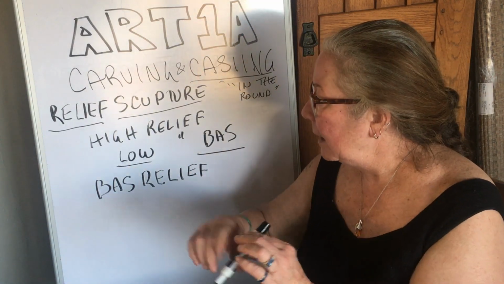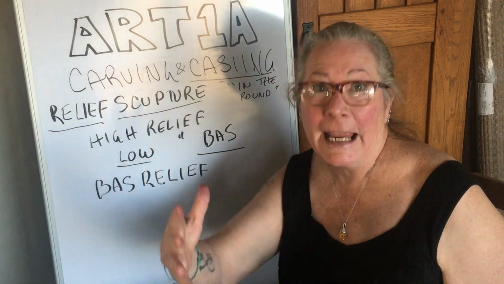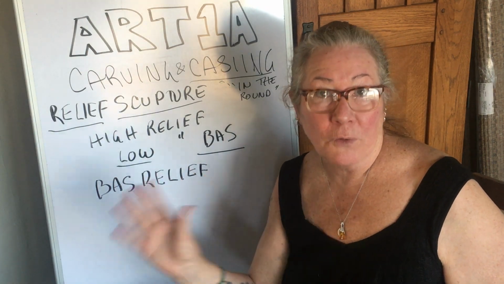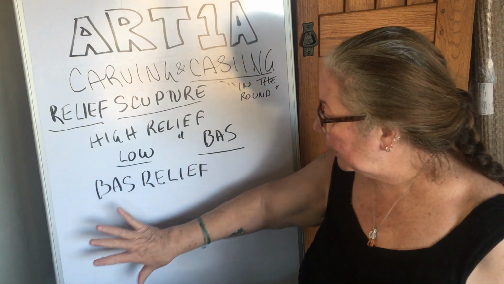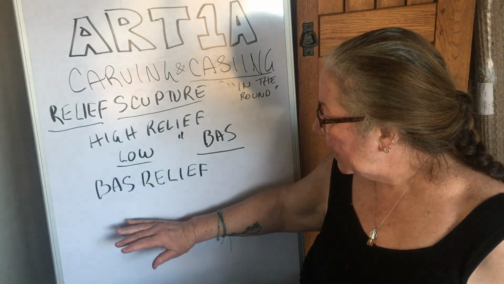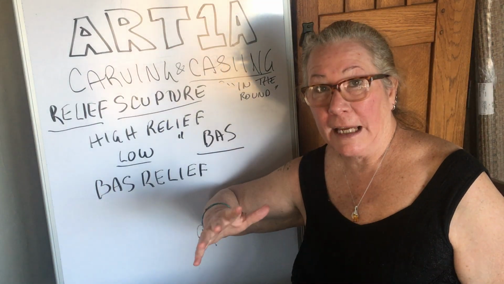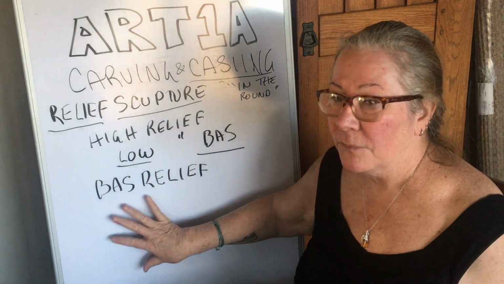High relief, the subjects will be sticking out quite a bit from the surface that they are sculpted on, okay? So in other words, if this was a surface that was a sculpture and I had an arm sticking out, it might be sticking out pretty far, like this. With bas relief, it's very low.